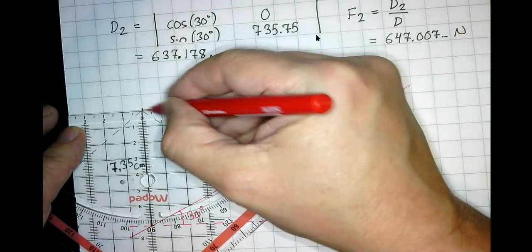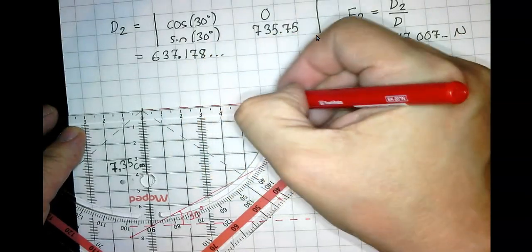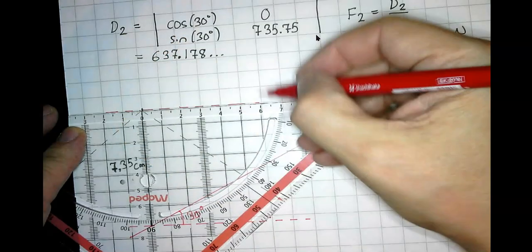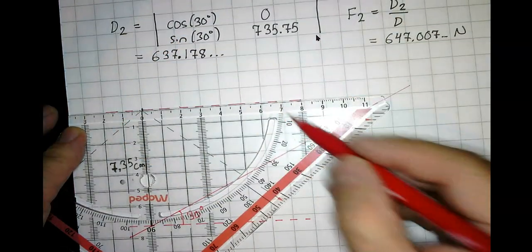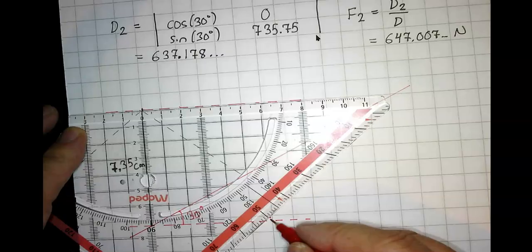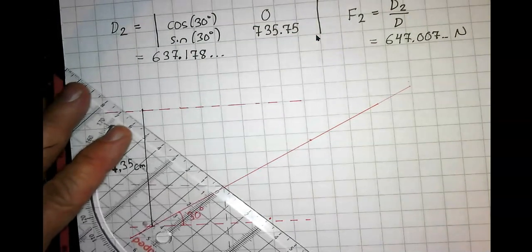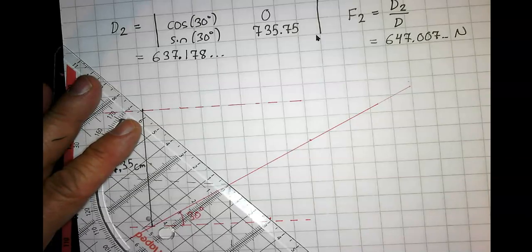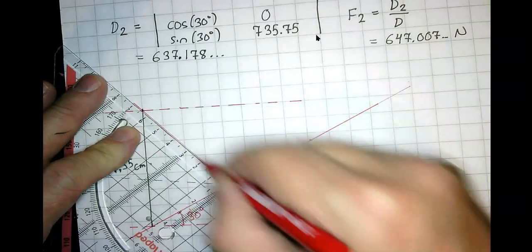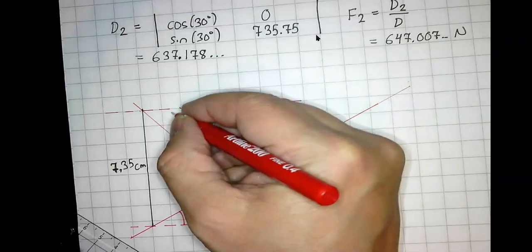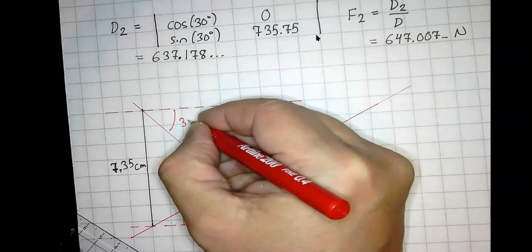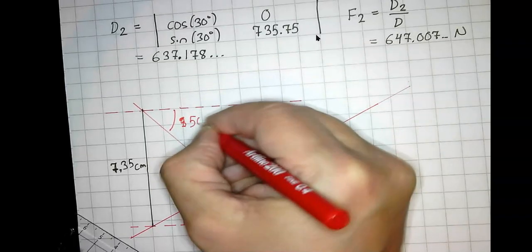I will draw that to see that line. And from that I measure 50 degrees and it will be here. So this was measured, it was 50 degrees.